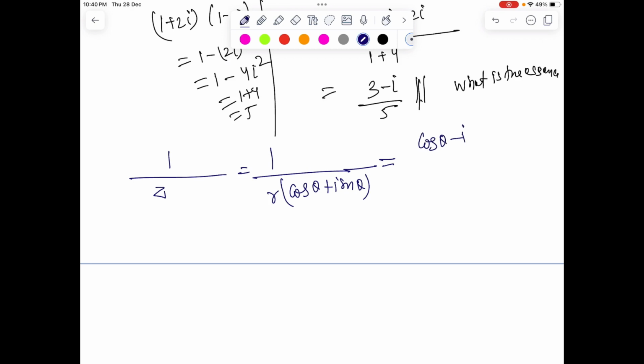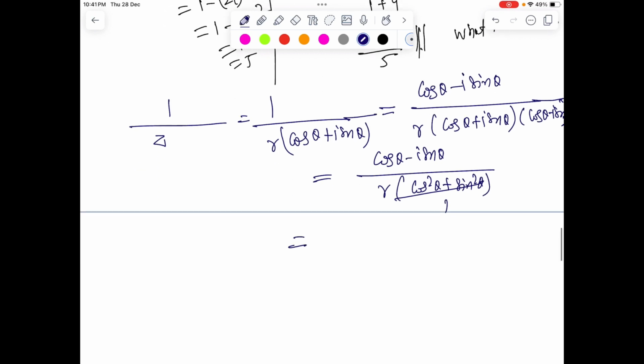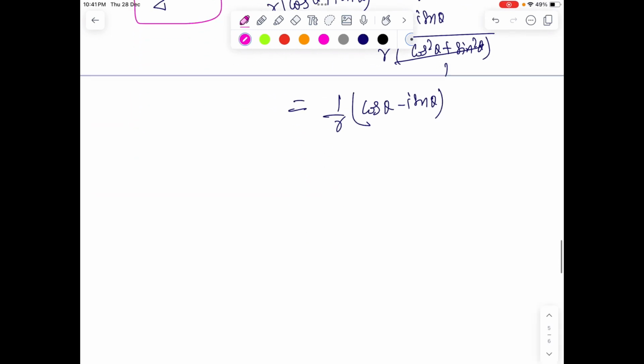So let's rationalize, multiply with its conjugate, (cos theta plus i sin theta) into (cos theta minus i sin theta). So that will give you (cos theta minus i sin theta) by r times (cos square theta plus sin square theta), and that goes to 1. So simply we have 1 by r times (cos theta minus i sin theta). So that's the significance of 1 by z.